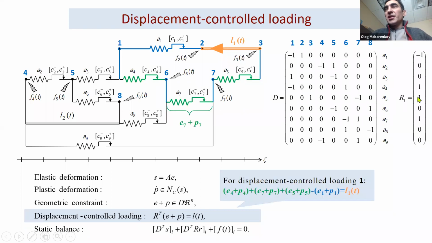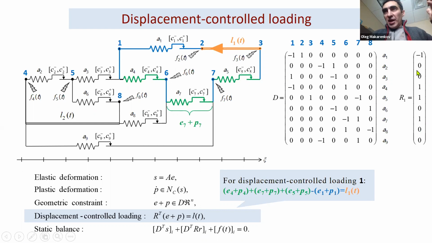The incidence vector for this particular loading is not unique. We can choose different paths, but the path given in this graph is coded by the incidence vector on the right-hand side.